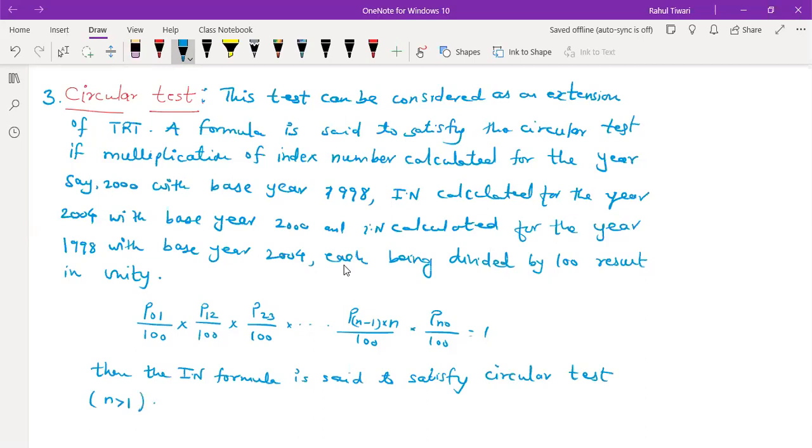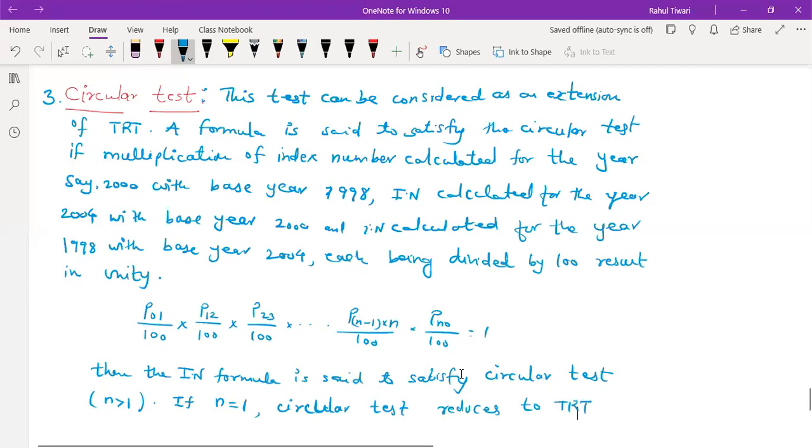And if n is equal to 1, the circular test reduces to the time reversal test.